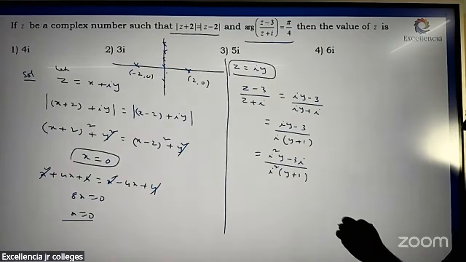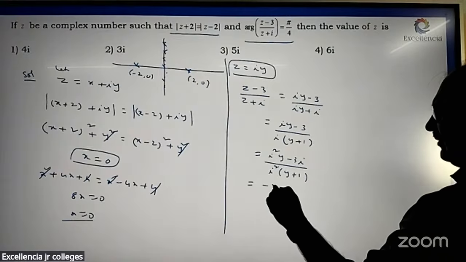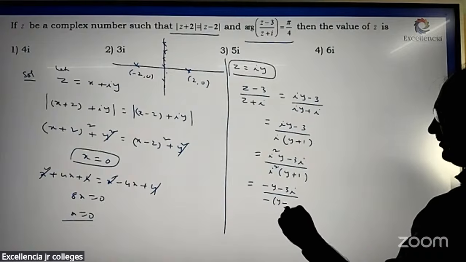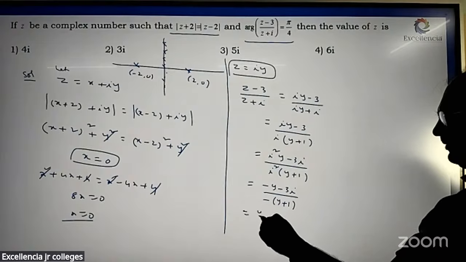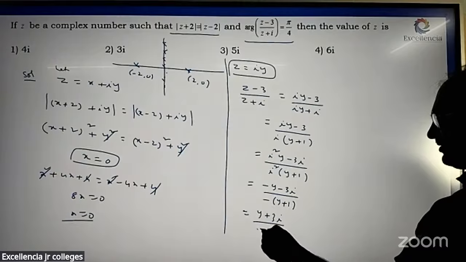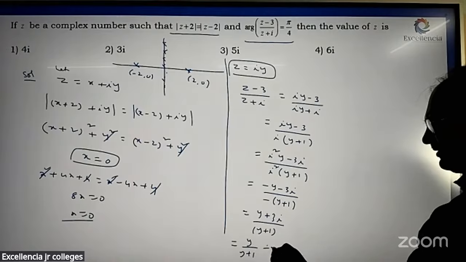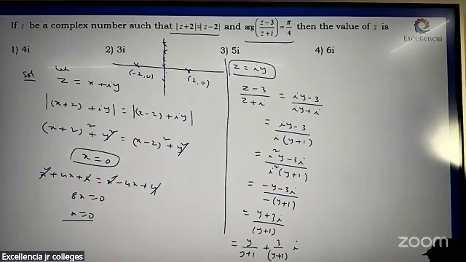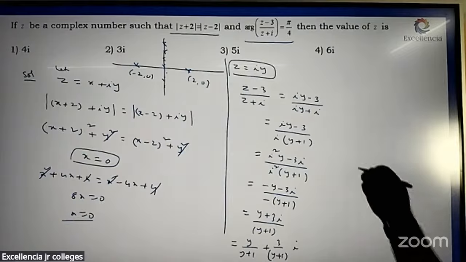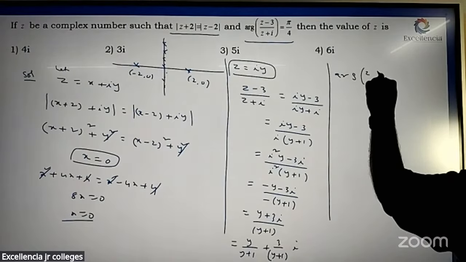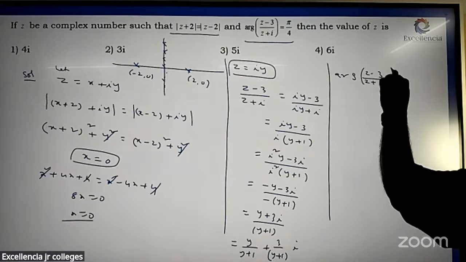In the place of i square, you can write minus 1: (minus y minus 3i) by minus of (y plus 1). Or I can write (y plus 3i) by (y plus 1), which we can write as y by (y plus 1) plus 3 by (y plus 1) into i, which is of the form x plus iy.